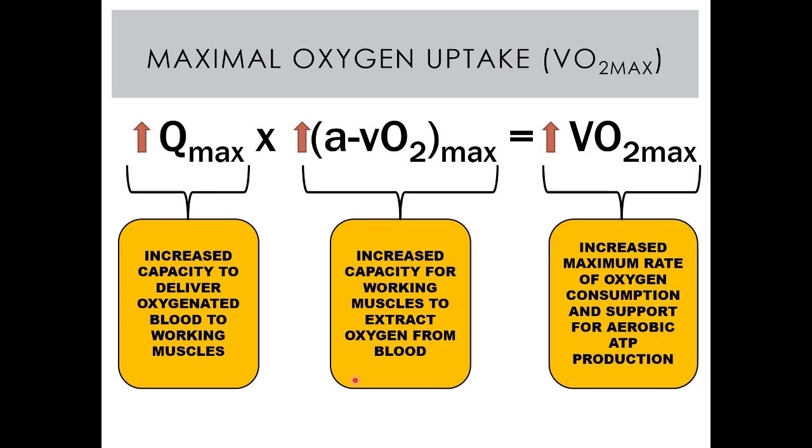So with all that together, we know that this will increase VO2 max, aerobic capacity. This increase in VO2 max and thus aerobic capacity indicates that there is an increased maximum rate of oxygen consumption and therefore more support for aerobic ATP production through increased oxygen availability.